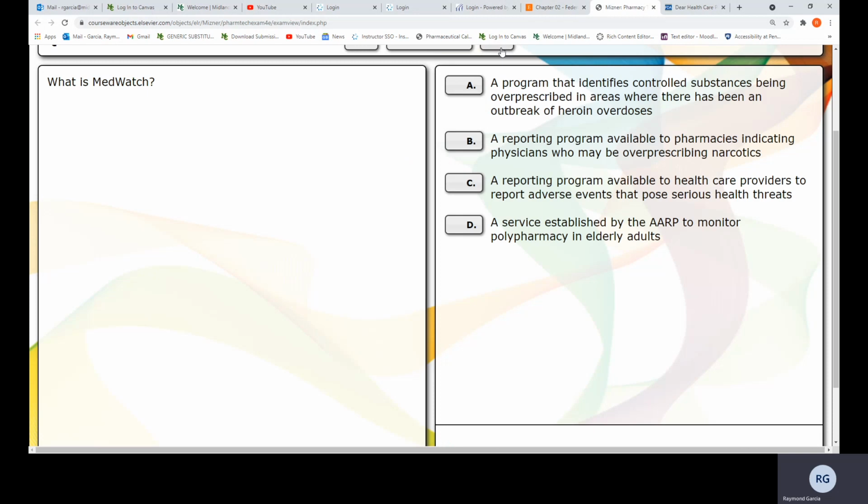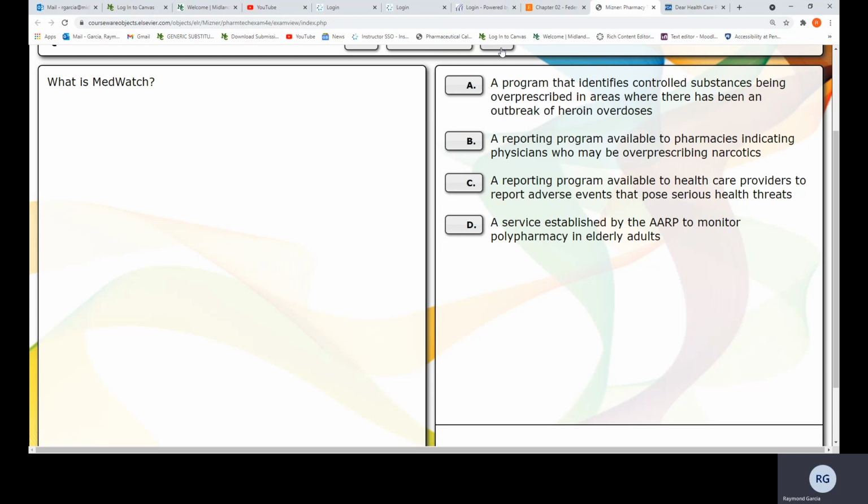What is MedWatch? A program that identifies controlled substances being overprescribed in areas where there has been an outbreak of heroin overdoses. A reporting program available to pharmacies indicating physicians who may be overprescribing narcotics. A reporting program available to healthcare providers to report adverse events that pose serious health threats. A service established by the AARP to monitor polypharmacy in elderly adults.